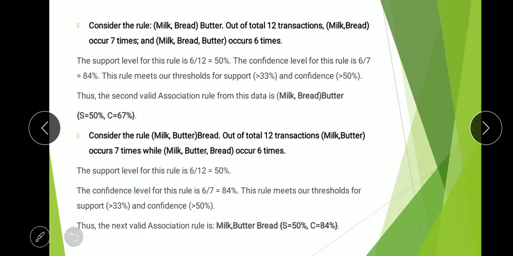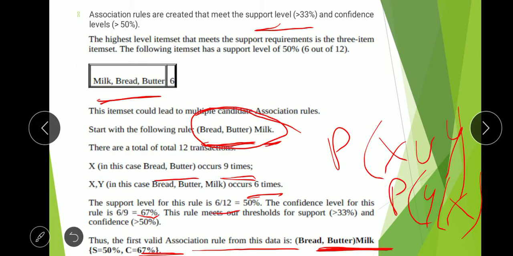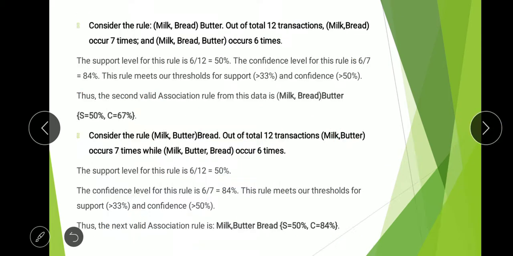Okay. And let us consider the second rule, that is milk, bread and then butter. The first rule was bread, butter and then milk. The second rule is milk, bread and then butter. So, milk and bread has occurred together and then butter has occurred alone. Okay.